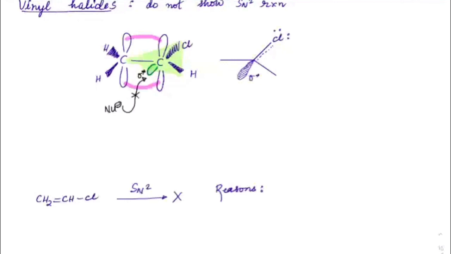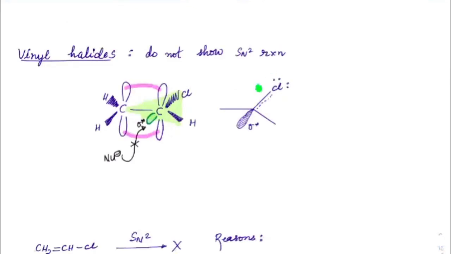There would be enough electron cloud present on it, as well as the lone pair present on chlorine will also give a back bonding, thereby getting a partial double bond character.